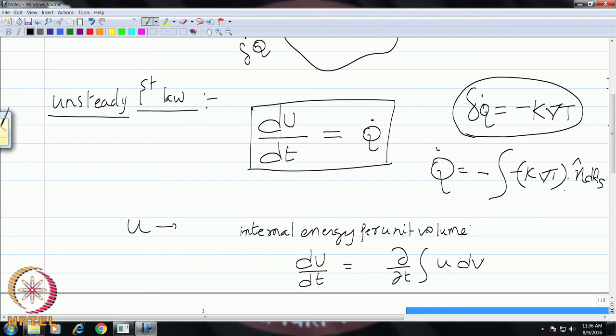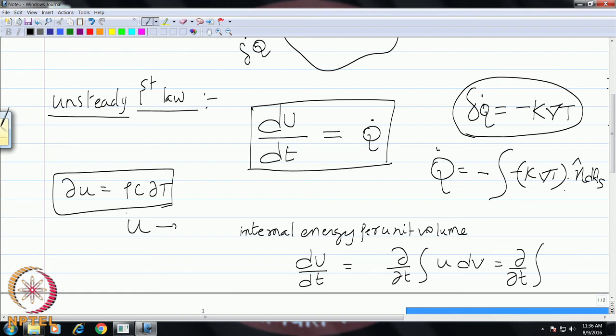So, therefore, this can be written as d by dt of, in terms of temperature, we can use the relation that du will be rho Cp or rho C into dT, which we can use here to write in terms of temperature.